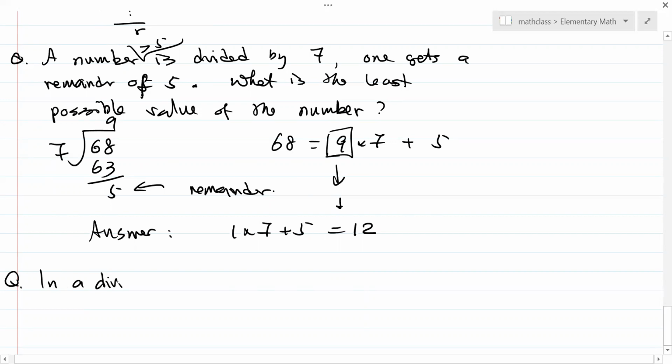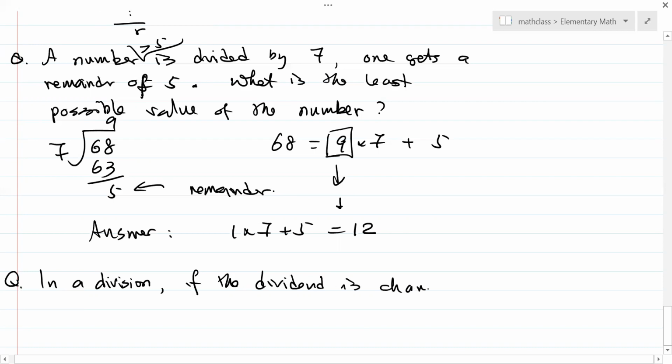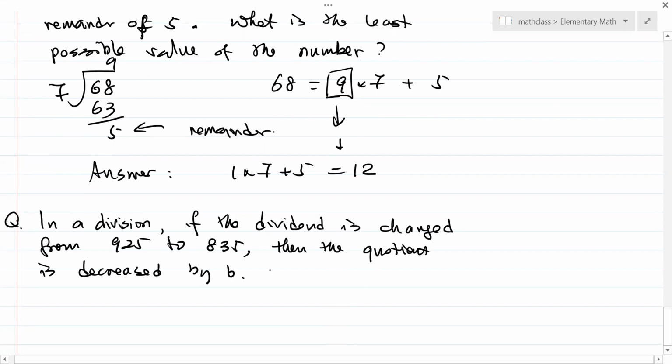In a division, if the dividend is changed from 925 to 835, then the quotient is decreased by 6, but the remainder remains unchanged.